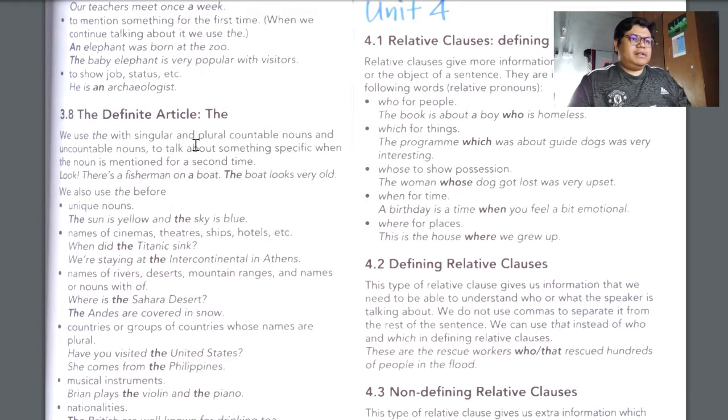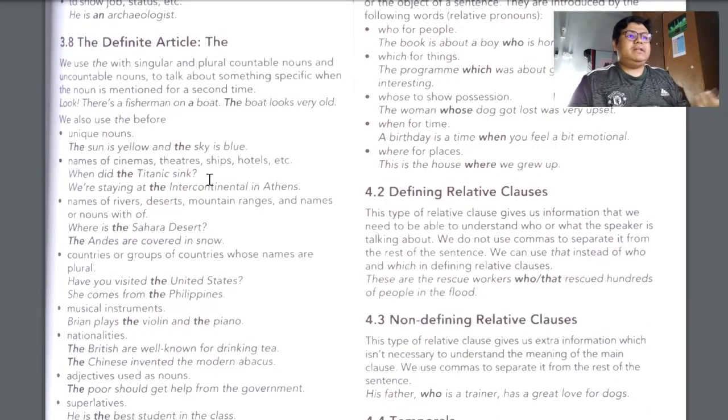But biasanya the definite article the ni digunakan kalau kita menulis tentang perkara yang sama berulang untuk kali yang kedua. Kita refer kepada subjek yang sama untuk kali yang kedua. Right? Okay, nanti kita akan tengok kat sini.